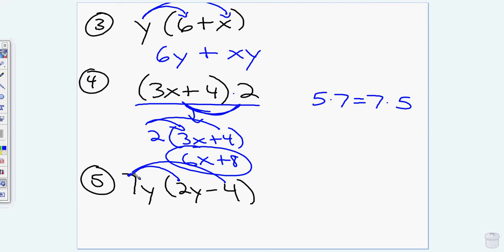But what is 7y times 2y? It's 14y to the second power, because you're also doing y times y. So it's not just 14y, it's 14y to the second, because I'm also doing this y times y right here. Minus 7y times 4. What's 7 times 4? 28. So this would be 28y.